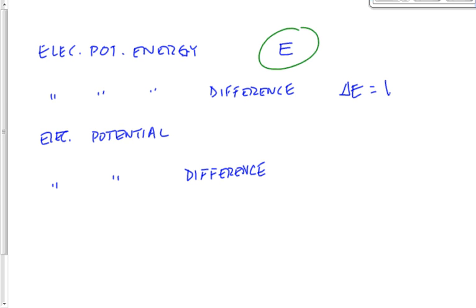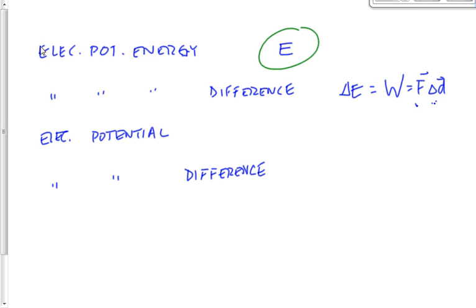So the change in electric potential energy is equal to work. And of course, work is also equal to F times D. Remember that this force and this displacement have to be in the same direction as each other. If they're not, there's no work done. Okay, if the displacement is to the right and the force is upwards, there's no work done. If the displacement is upwards or downwards and the force is upwards or downwards, then there's work done.